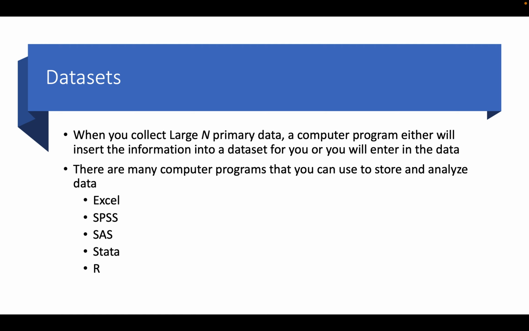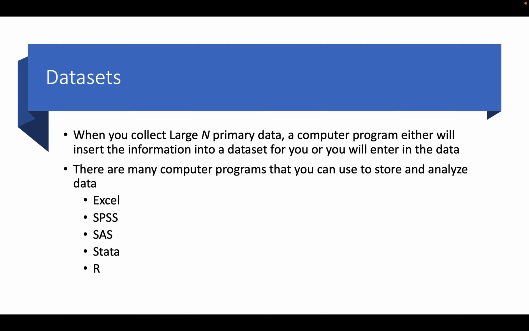There are many computer programs that we can use to store and analyze data. Excel is one that comes with Microsoft and is used frequently. So is SPSS, Statistical Programming for the Social Sciences. SAS, Statistical Analysis Software, Stata, and R are slightly less commonly used, although Stata and R are more modern types of programs.